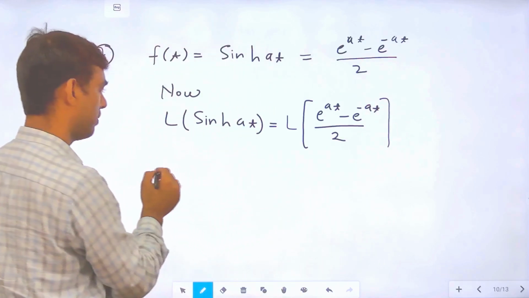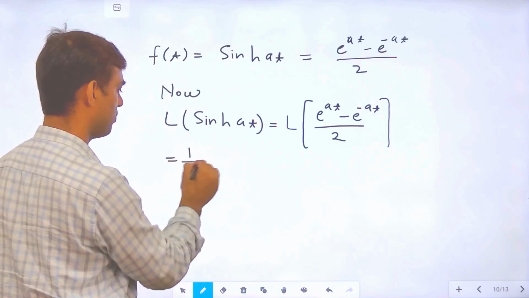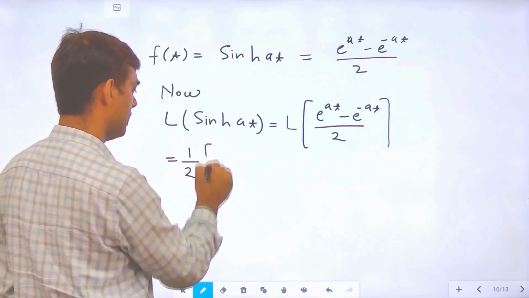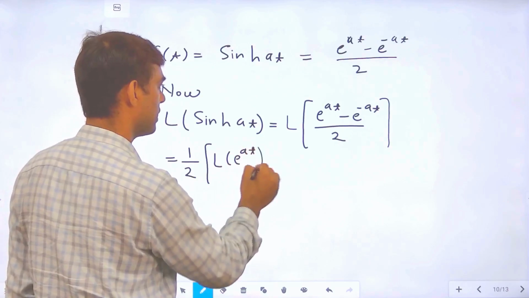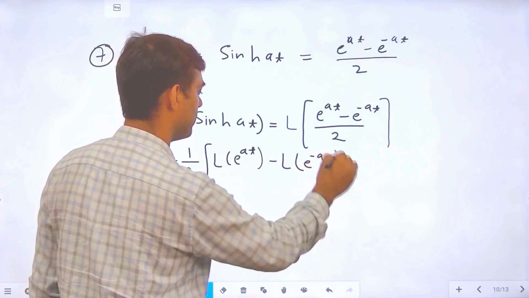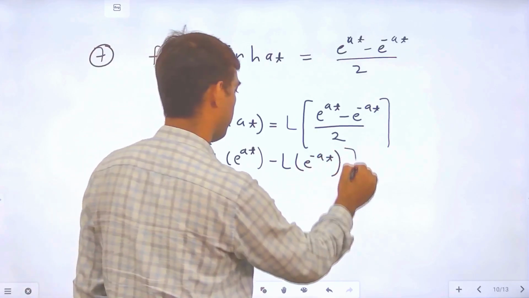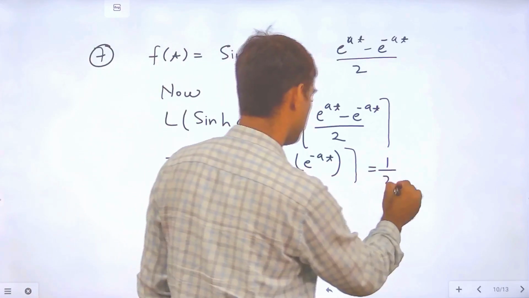So 1 upon 2 comes outside, and inside we have the Laplace transform of e to the power at minus the Laplace transform of e to the power minus at.